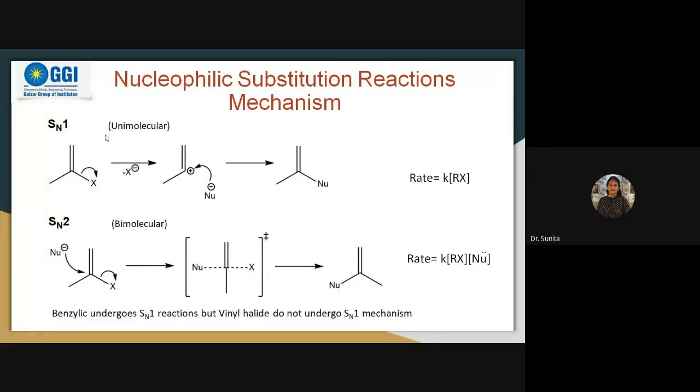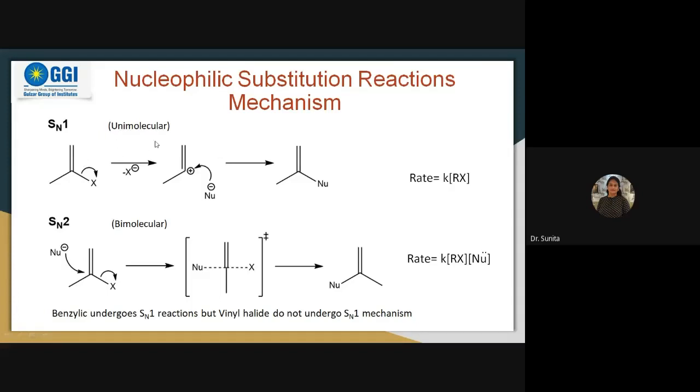If the reaction is taking place in 2 steps, the first step is the slow step and the second step is the fast step. So the slow step is the rate determining step. The rate of this reaction depends on the concentration of the substrate, the alkyl halide, only. If the concentration is more, the rate of the reaction will be more. So it is a unimolecular reaction: uni means one molecule.